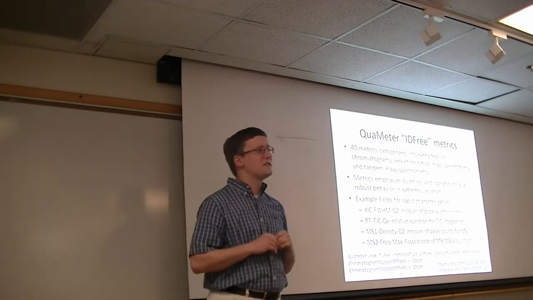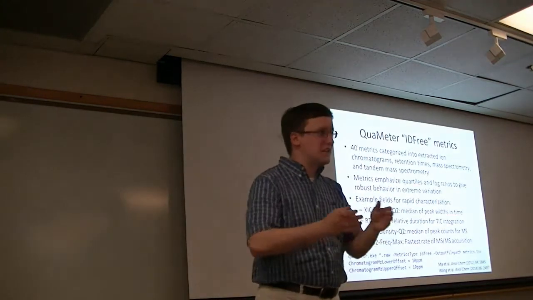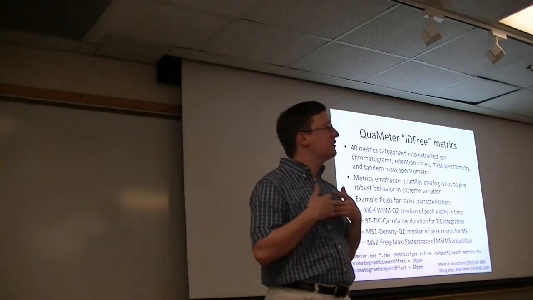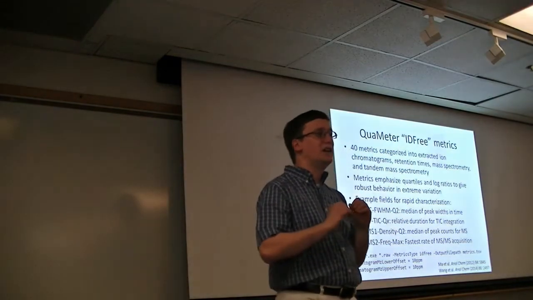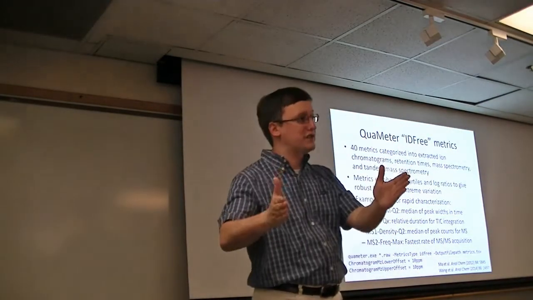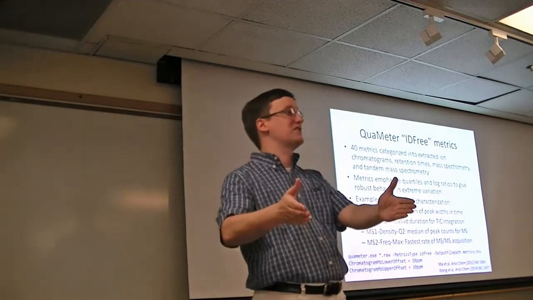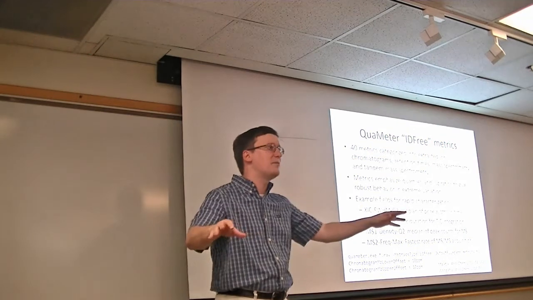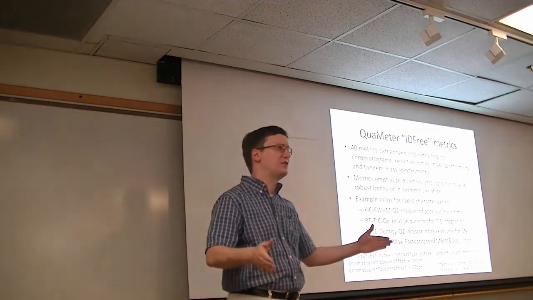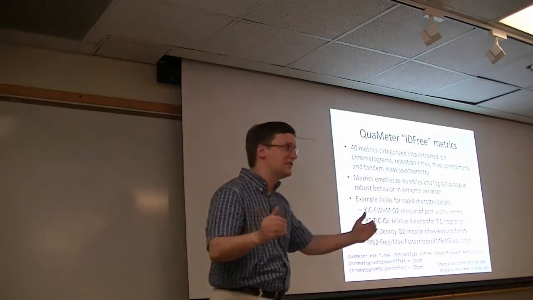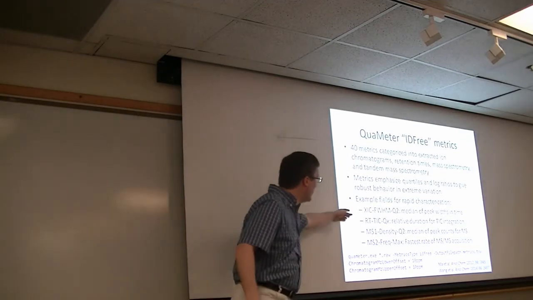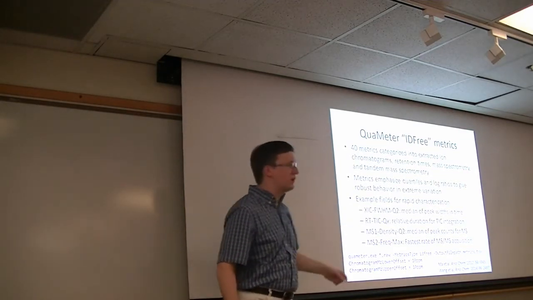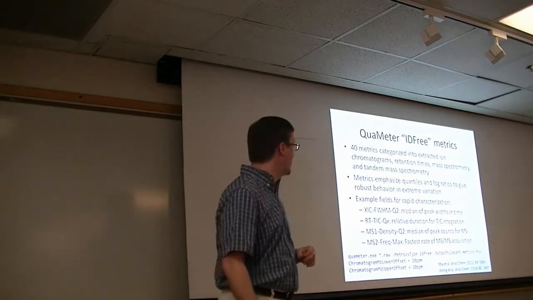Likewise, rather than saying how many scans we got per 10 minutes, we tend to think in terms of quartiles: in the first quartile of retention time, what fraction of MS events did we observe, for example. This gives us the ability to divvy up that time and gives us a little better resolution than looking at the whole file at once. I would give examples like these four as some of the metrics that we've put together.